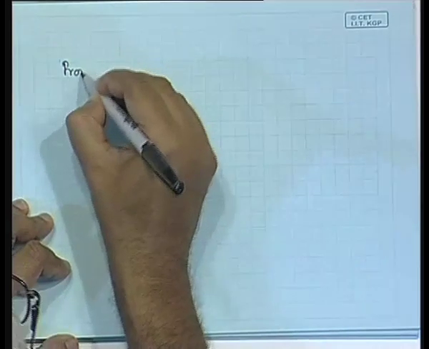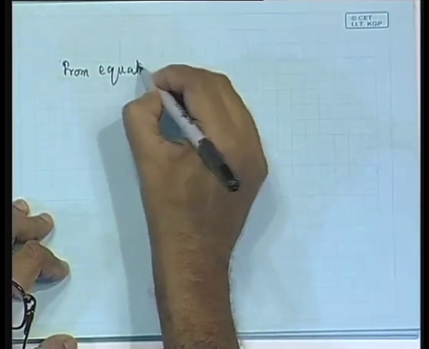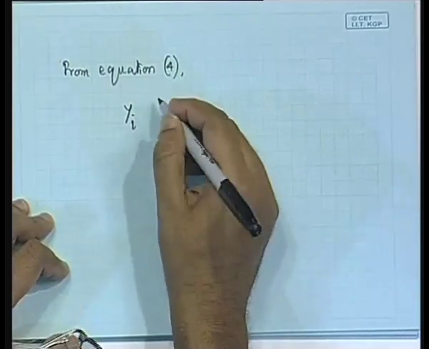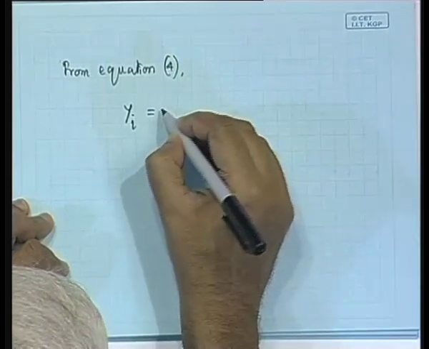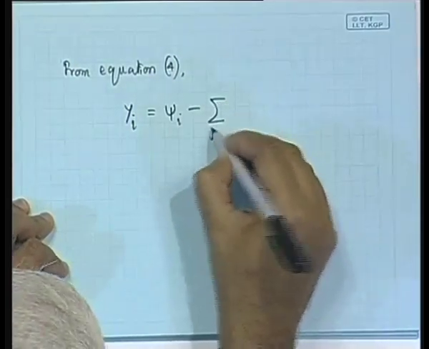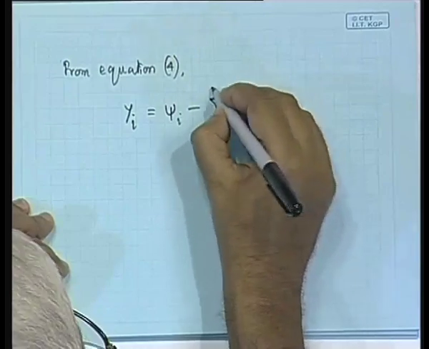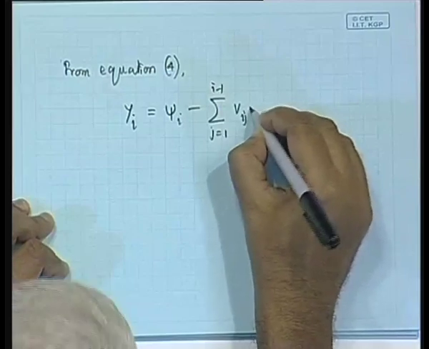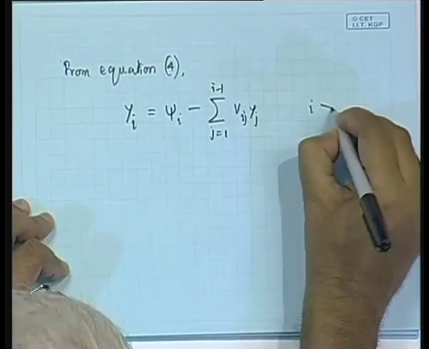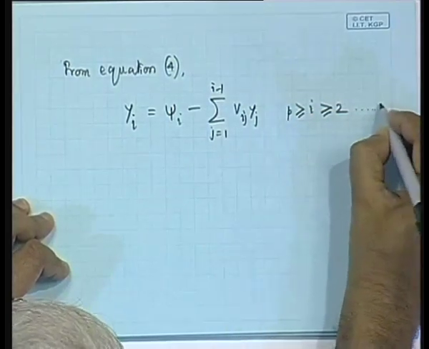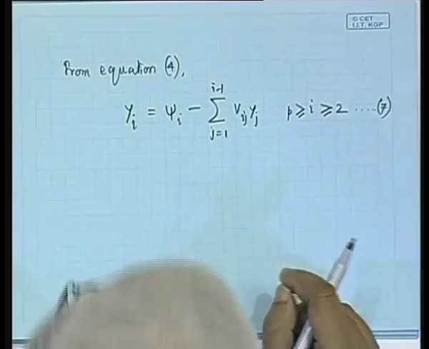from equation 4, we will be obtaining that yi is equal to psi i minus summation j is equal to 1 to i minus 1 Vij Yj, okay, for i lying between 2 and p. Now this equation we call 7.